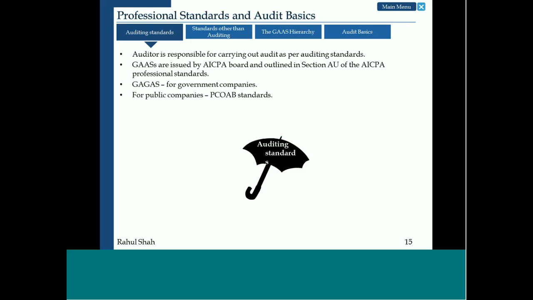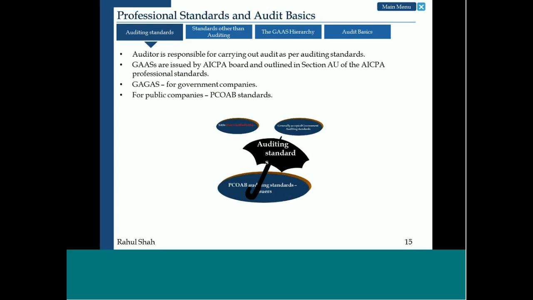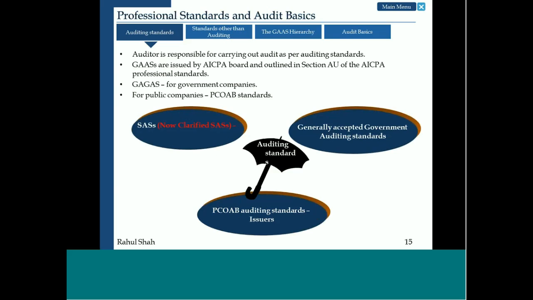So ultimately, what is the umbrella of auditing standards? There are three important ones. AU, which was previously called SAS, the Statement on Auditing Standards, is now clarified as Section AU. We'll learn the history of this clarification in a subsequent slide, which will help you understand what I am saying right now.